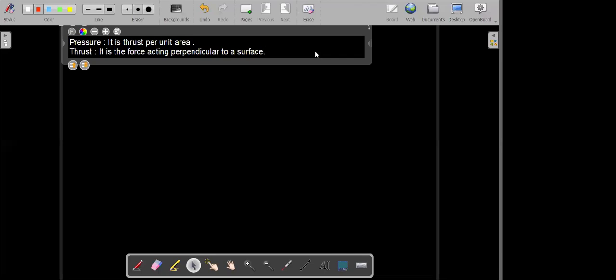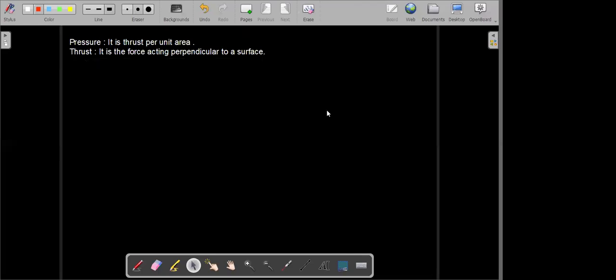The force acting perpendicular to a surface is called as a thrust, and we define pressure as thrust per unit area, right?